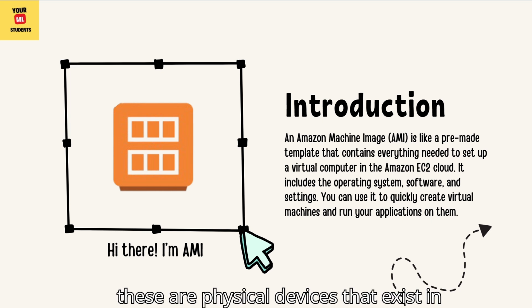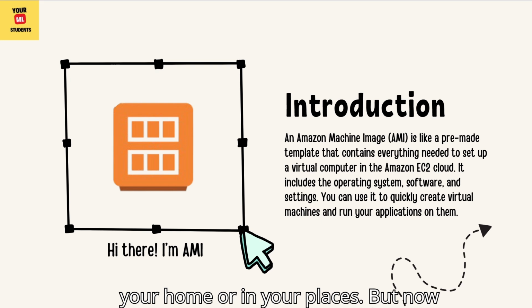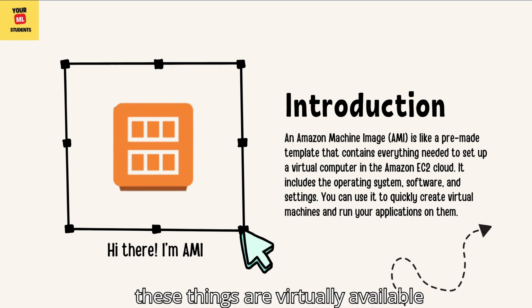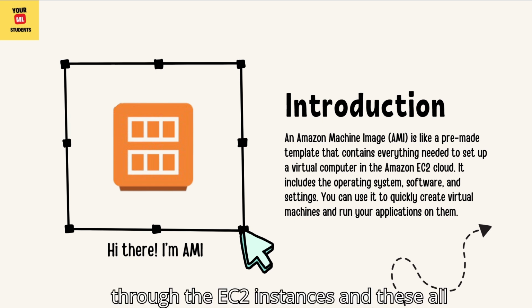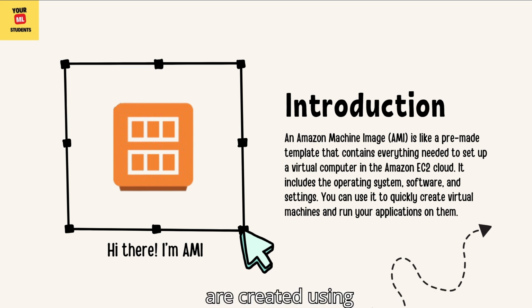These are physical devices that exist in your home or in your places. But now these things are virtually available through the EC2 instances, and these are all created using AMIs. So that is the high level overview about AMIs.